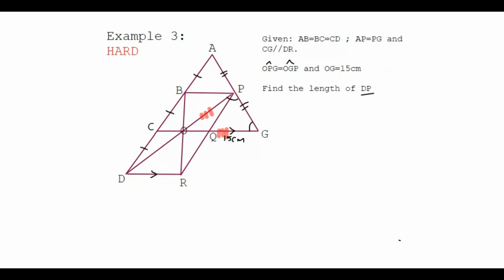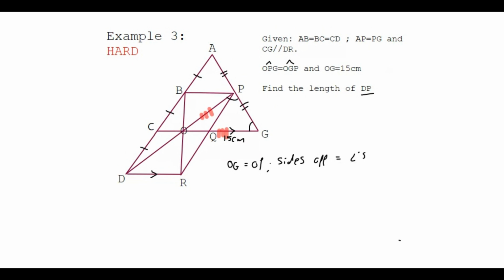Now this video is based on the midpoint theorem, so let's try use that to find the length of DP. Well, we can start off by writing what we know. We know that OG would equal OP, because it's an isosceles triangle, so sides opposite equal angles.